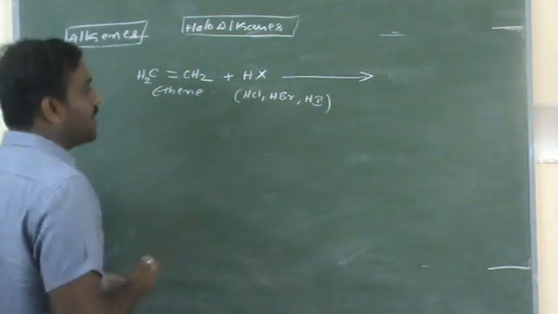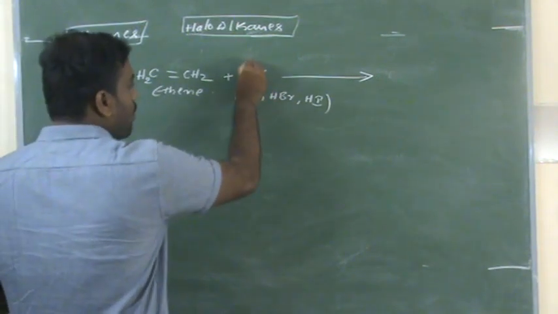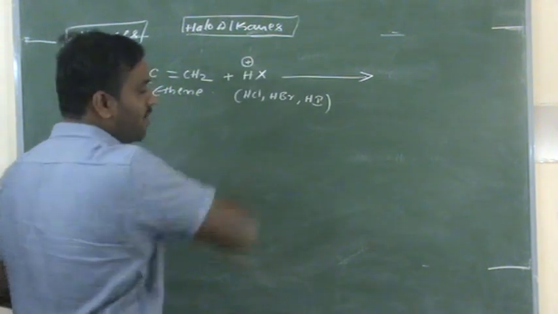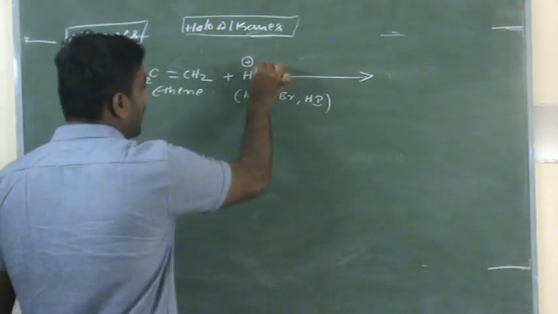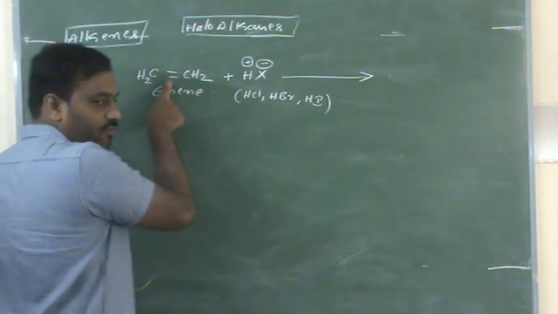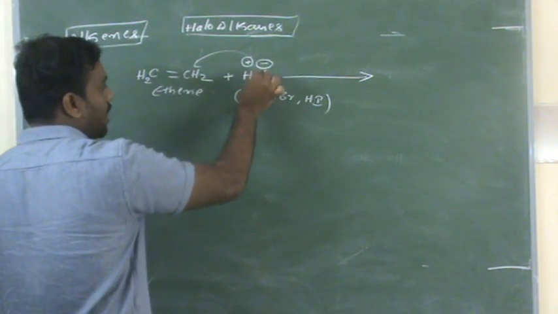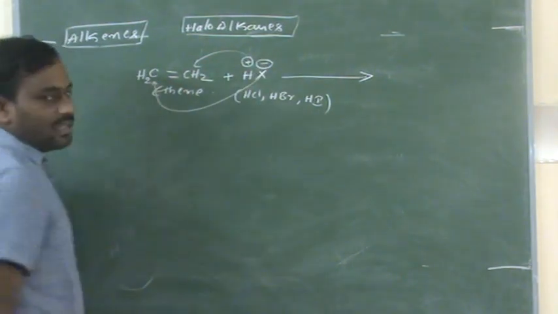What is the meaning of electrophilic addition? HX is a polar covalent bond, right? It is divided into H+ and X-. Then the double bond is removed. The H adds to one carbon, and the X- adds to the other carbon.